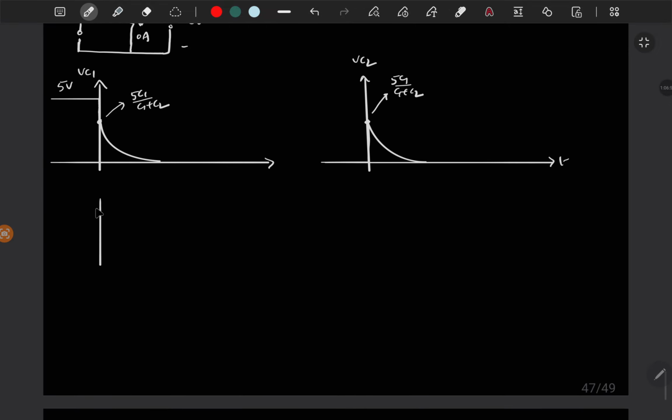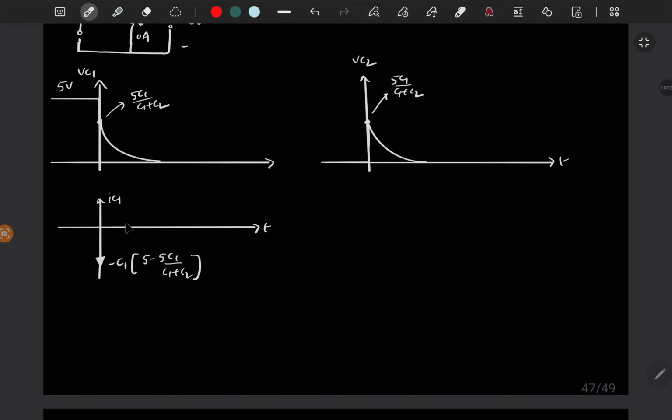You can also draw IC1 and IC2. Since at t is equal to 0, there is a sudden change of voltage, you will get an impulse current of IC1 at t is equal to 0. So there is some impulse behavior at t is equal to 0, and the magnitude is minus C1 times 5 minus 5C1 by C1 plus C2.